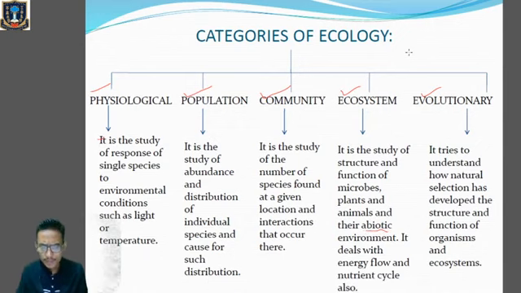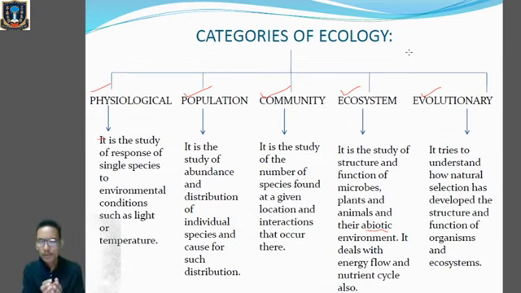So in an ecosystem we are going to learn about the interaction of the living component as well as the non-living component, because microbes, plants and animals are the living, biotic component. Abiotic means non-living component. Clear? And how are they interacting with each other, and what are the products they are going to produce? We learn this in ecosystem ecology.